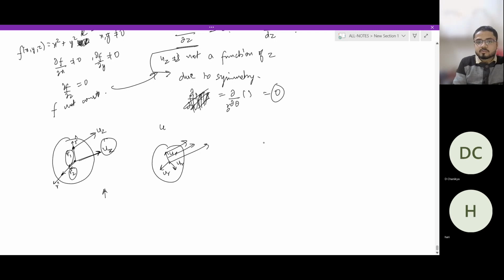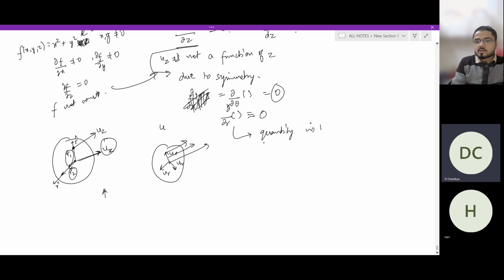So what I said when del y del r was equivalent to 0 was only when your quantity is in the direction of r.